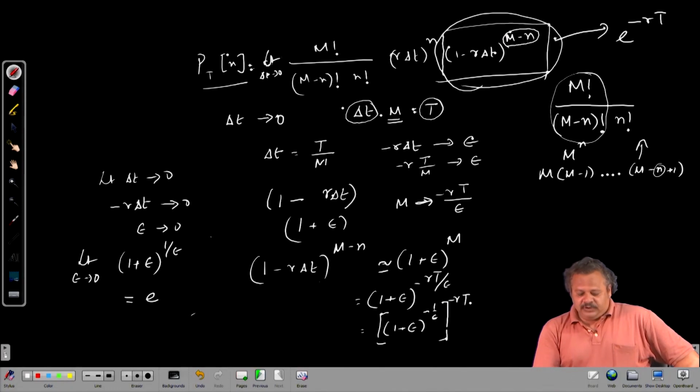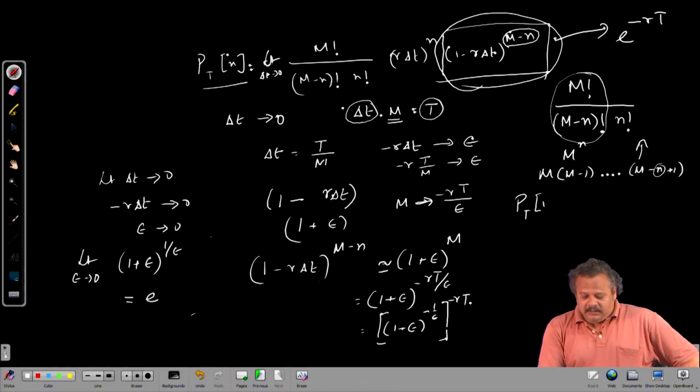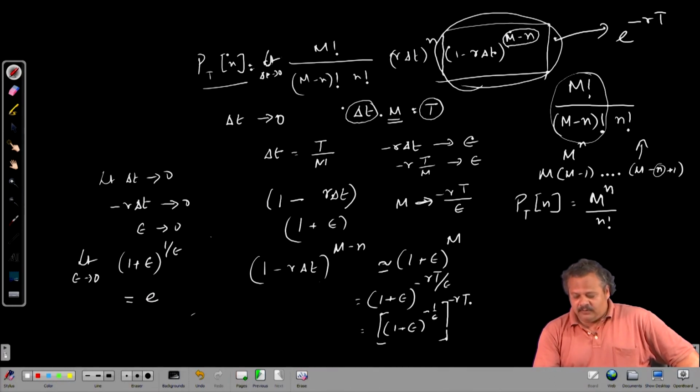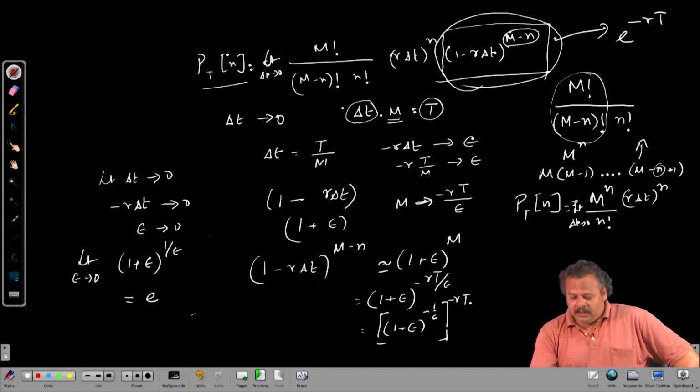And so what we have as P_T(N) is simply m to the power n divided by n factorial times (r delta t) to the power n, limit delta t tends to 0, and e to the power minus rT.